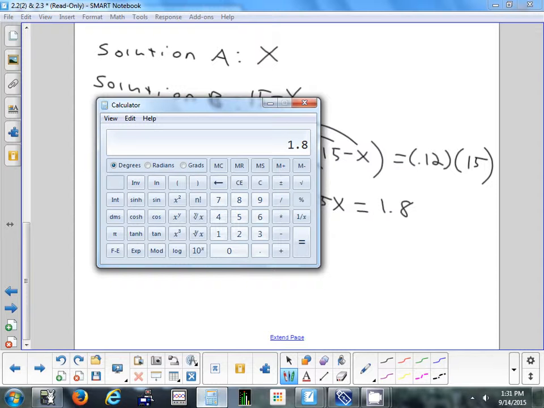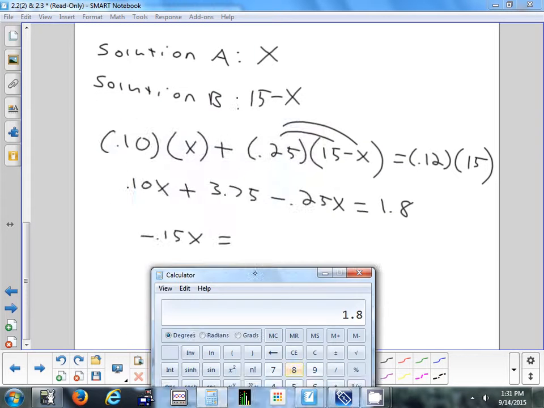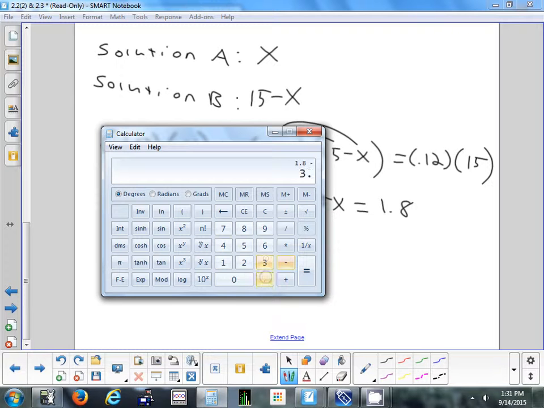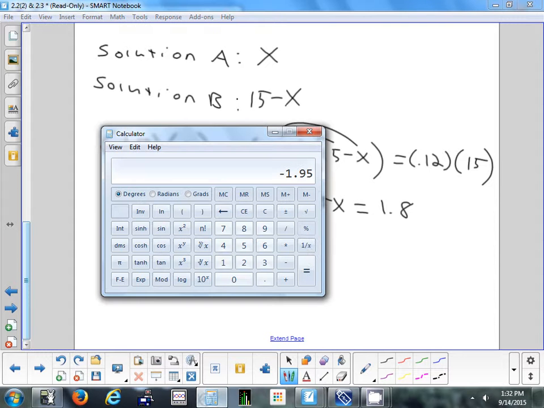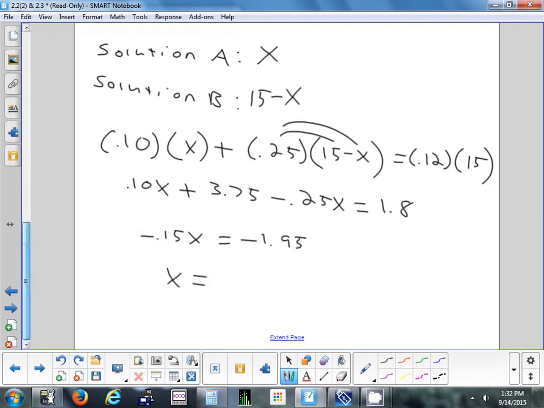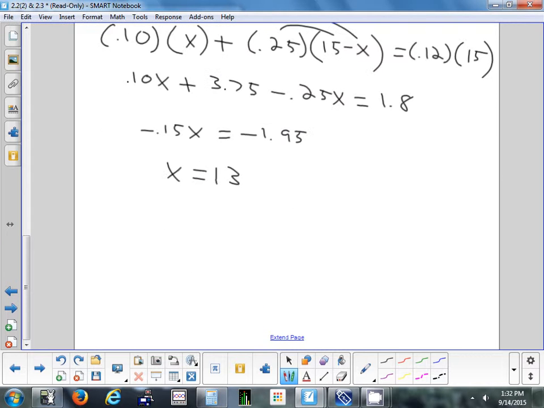Is that, let's see, negative 1.95, I think. Okay. Last step, divide each side by negative 0.15. Right, so x is 13.